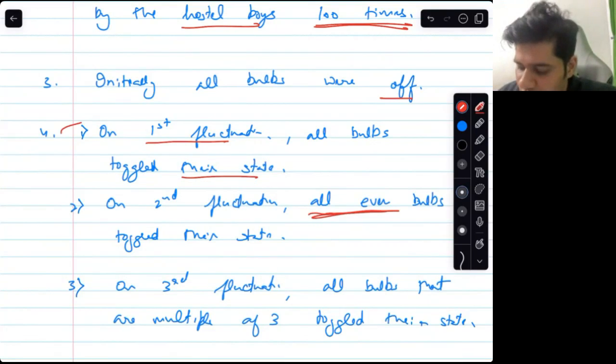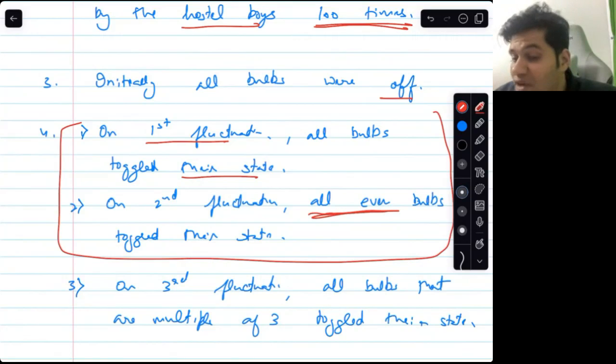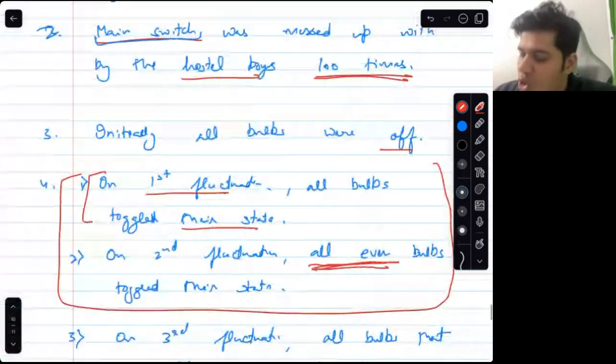So is it fair to say that after 2 fluctuations, all odd bulbs are on and all even bulbs are off? It is fair to say. If you are following me, you would be able to say yes. So initially all were off. After first fluctuation, all 100 are on. After second fluctuation, even bulbs toggled their state, so they became off. Odds did not, so they stayed on. But now the question becomes complex.